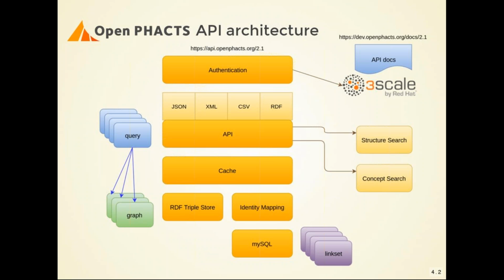We have a couple of other components that aren't pure graph or triple based, but that support some of the key aspects of drug discovery, both identity mapping and identity resolution. And as Ronald said right at the beginning, we've been trying to cover a number of core drug discovery questions through the delivery of Open PHACTS. And a lot of those questions do rely on people being able to map between different data sources which may well represent an entity using a different identity, and so identity mapping really is at the heart of what Open PHACTS does.